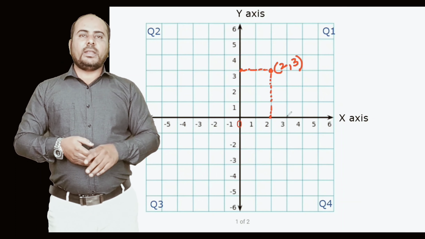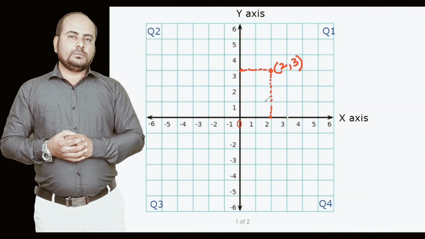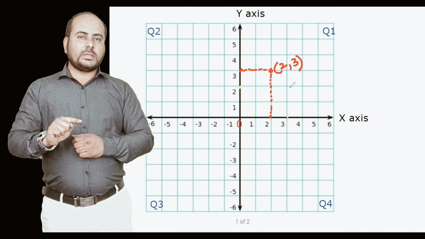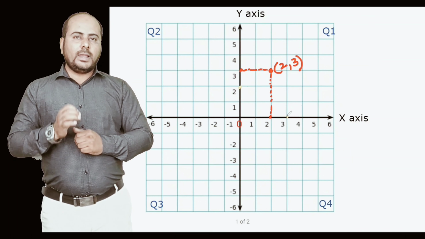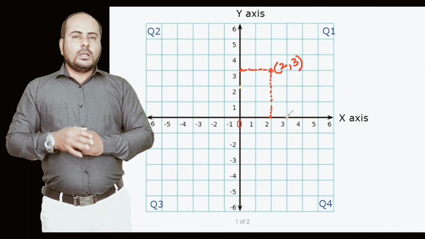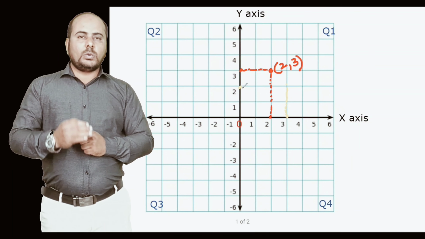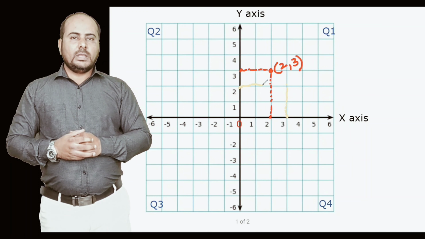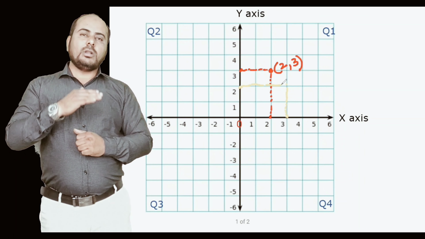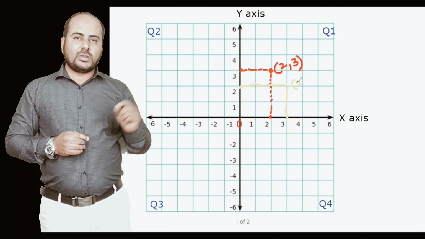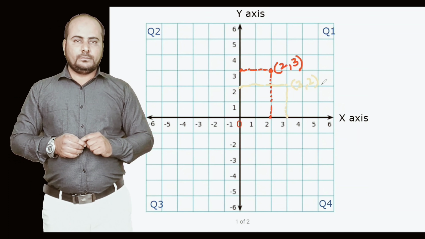In the same way, if I take (3, 2). My dear students, there is a difference between (2, 3) and (3, 2). Let us see how it is. In (3, 2), 3 is the abscissa, 2 is the ordinate. The abscissa is checked on the x-axis. Now if you see 3 on the x-axis, you can select the point 3.